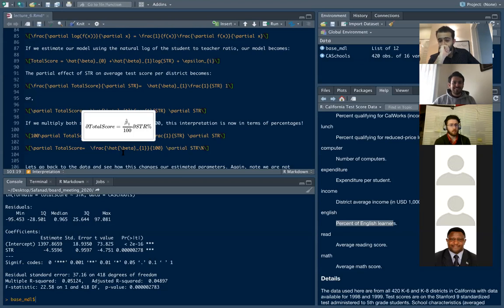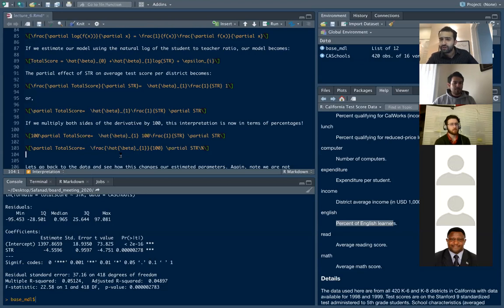Hi Sam. When you introduce the log function, you just took the log of the one explanatory variable, the STR. Why didn't you take the log of the total score? I could do that as well. The version of the model that we're going to run right now is called a level log model. We're keeping our y variable at its original level.